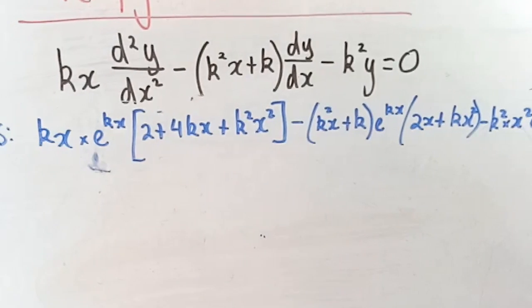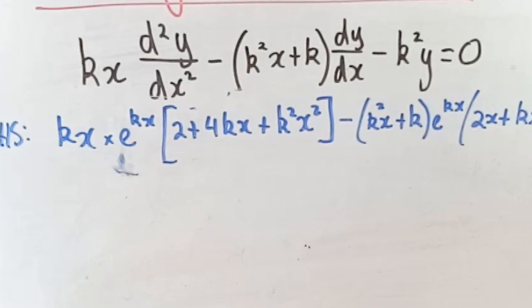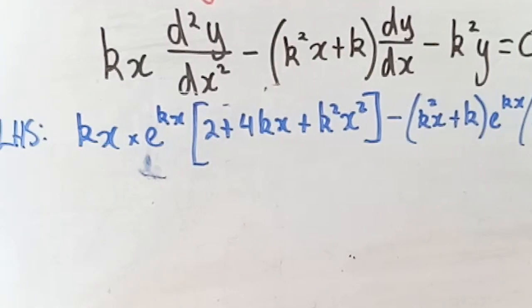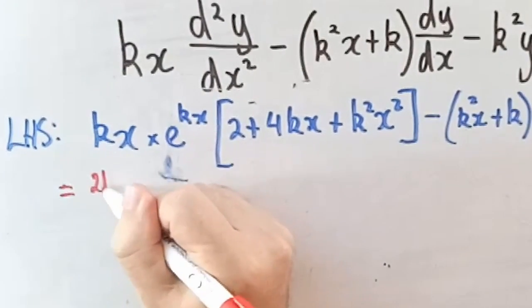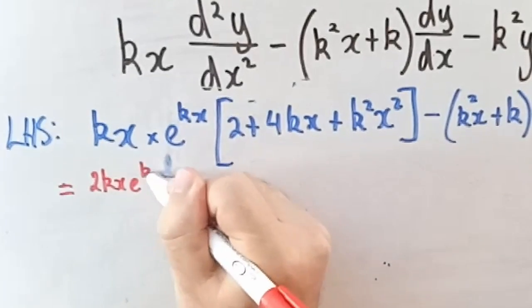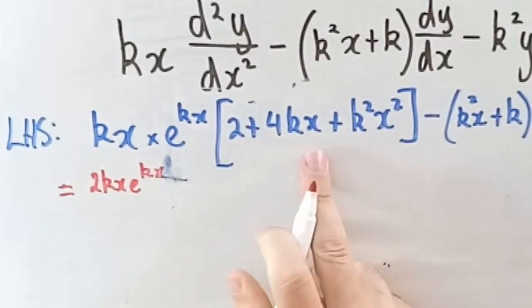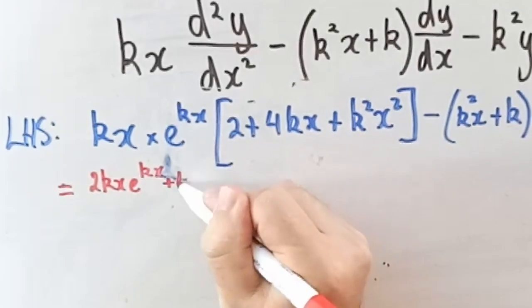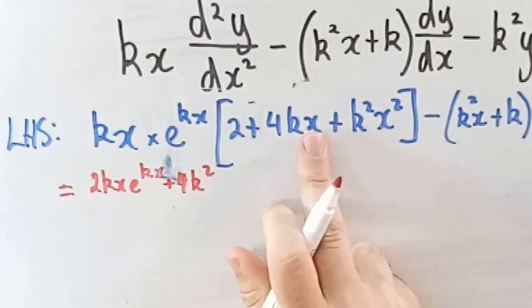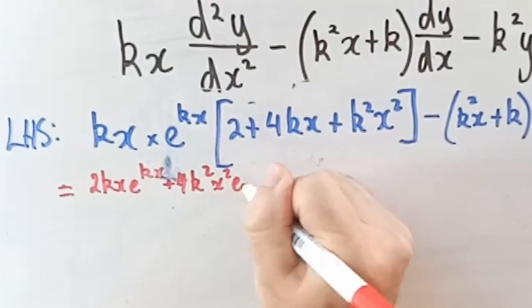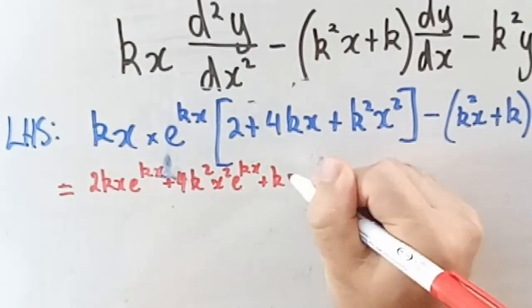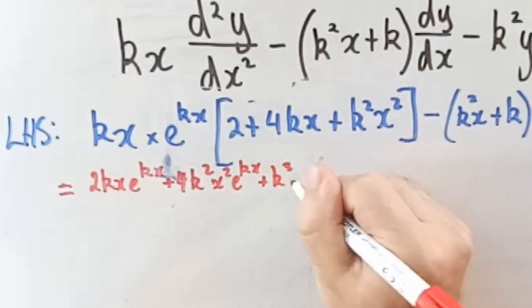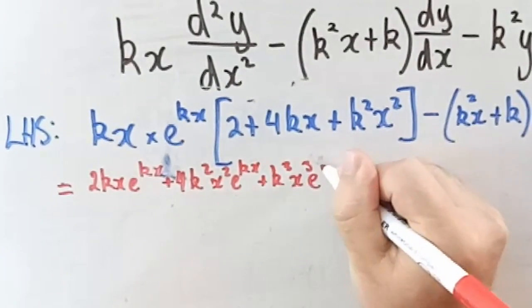I'm going to have to write a little bit smaller and maybe zoom in because this is going to be quite long. So, equals, what do I get here? I get 2kx e to the kx. Expanding this in, I get plus 4k squared, the 2k's times x squared, e to the kx. Then I get plus k cubed, k times k squared, x cubed, e to the kx.